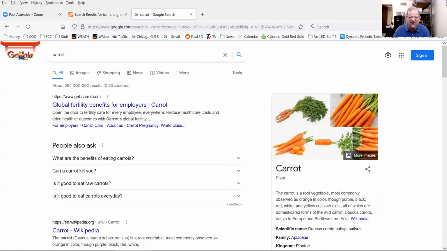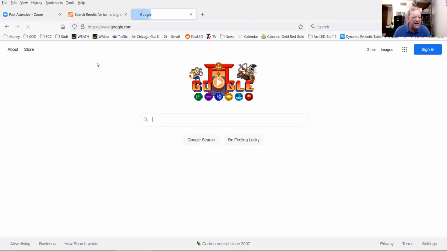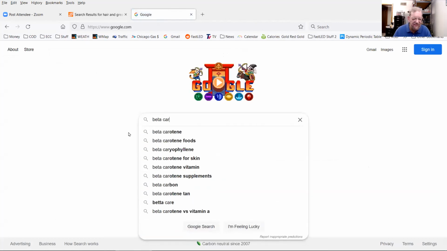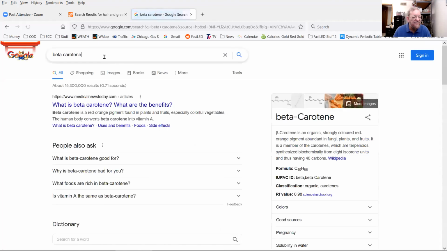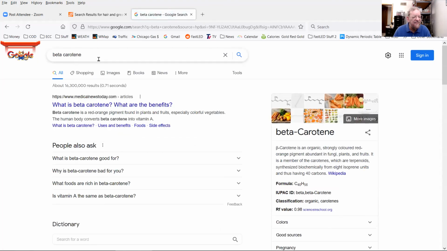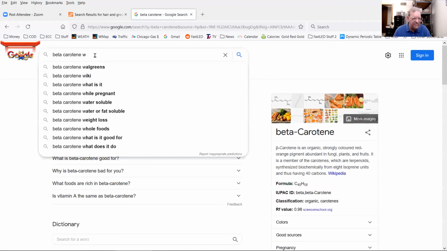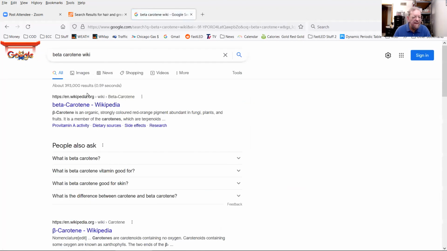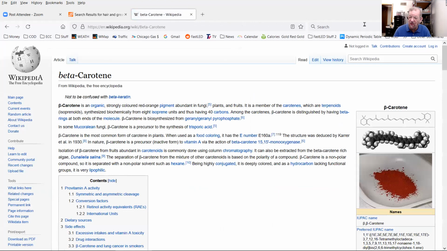All right, can everybody see carrots on your right side of the screen? For those who've never seen a carrot, look what color it is: orange. Why is that orange? It's because of the following molecule. The molecule that makes carrots orange is called beta carotene.